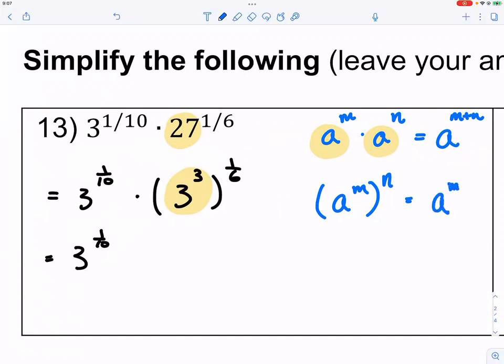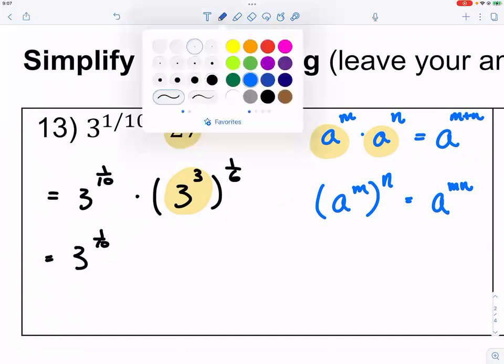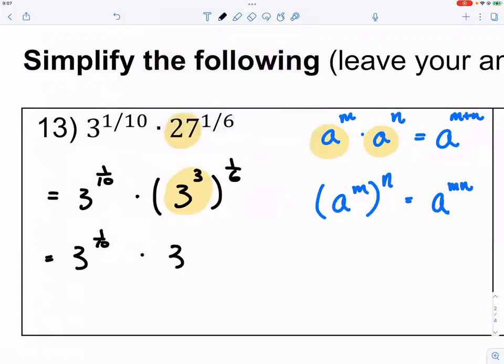You will multiply them. So 3 cubed and then to the 1/6 power becomes 3 to the 1/2 power. So you always seek opportunity to reduce and simplify.